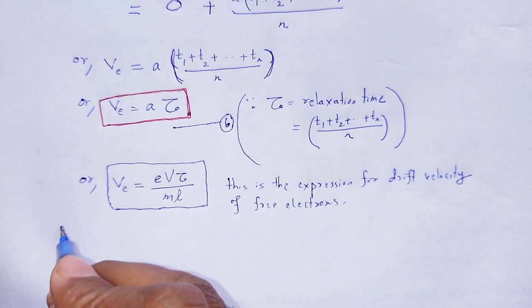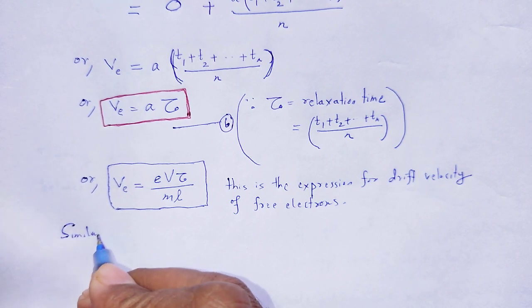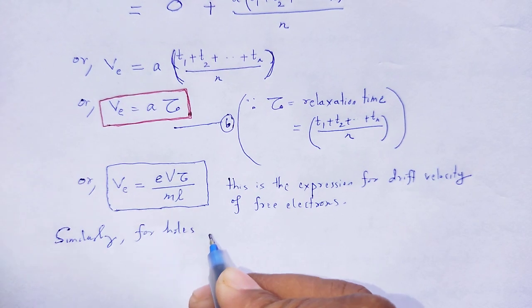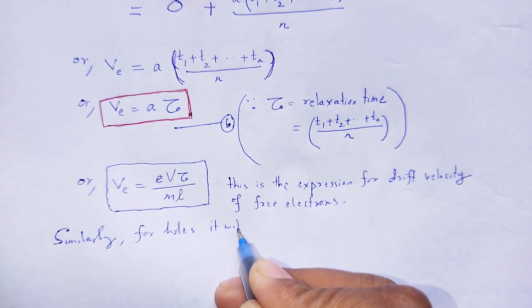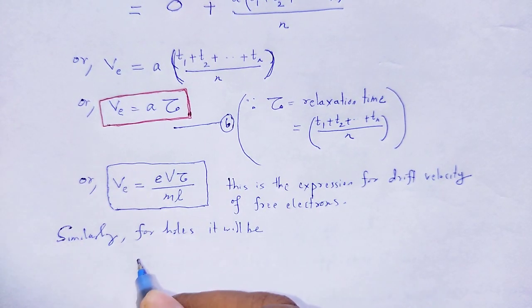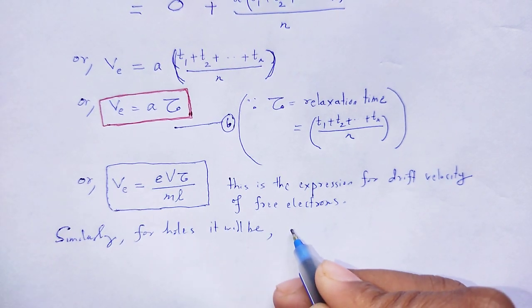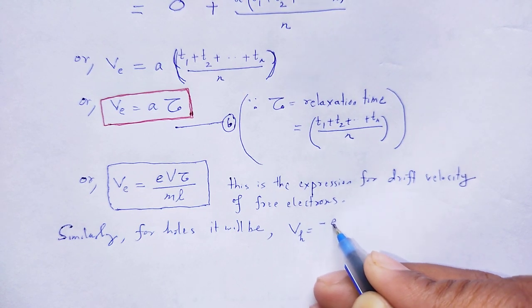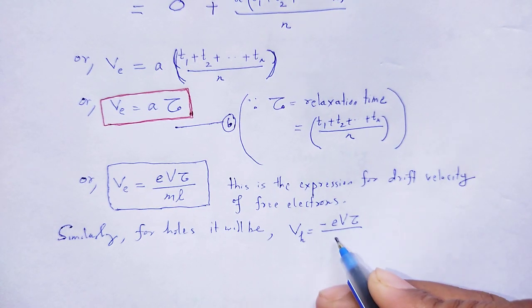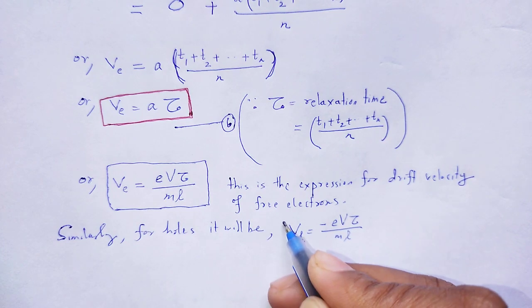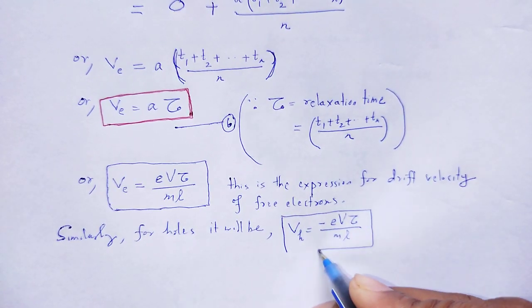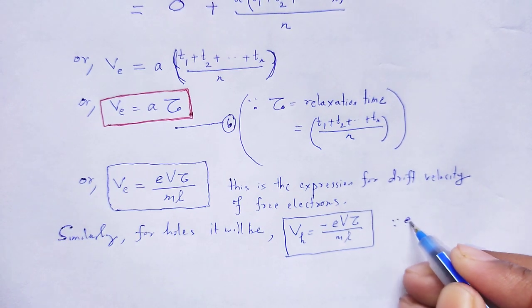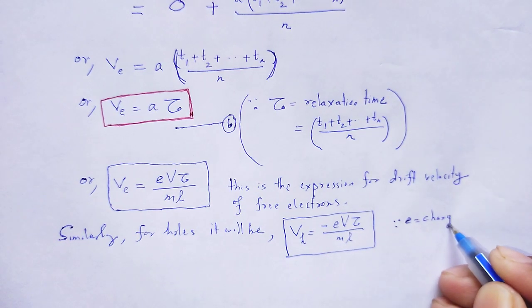Similarly, for holes it will be V_H equals minus eE tau divided by m. Here e stands for the charge of holes.